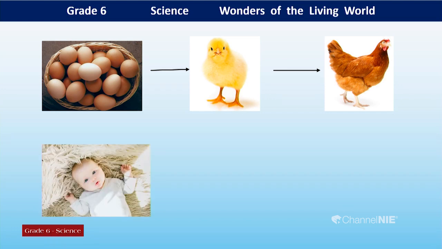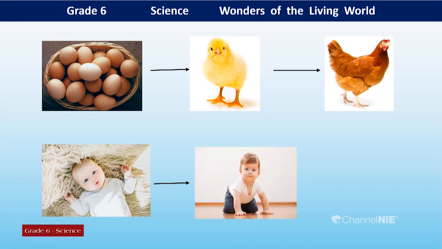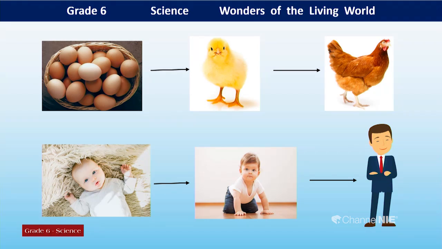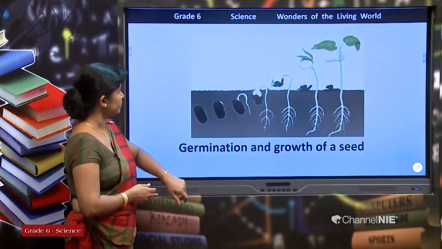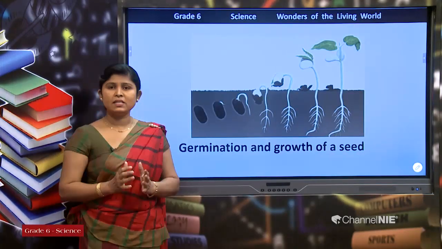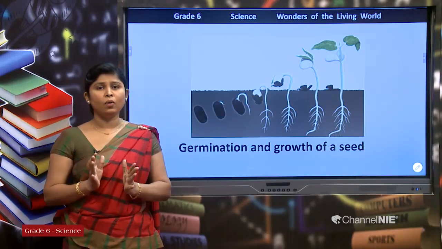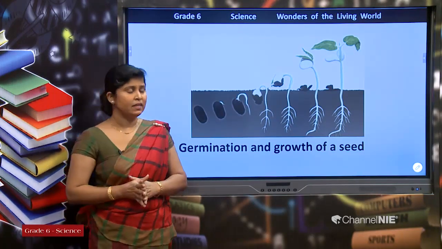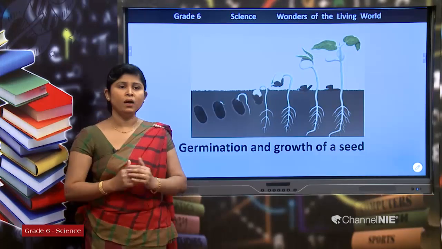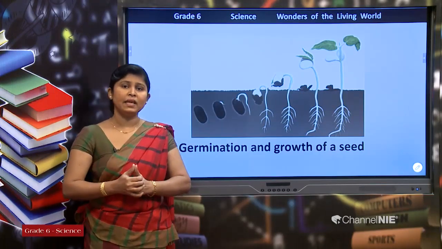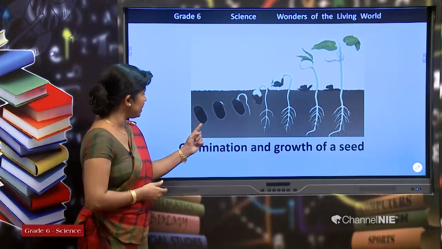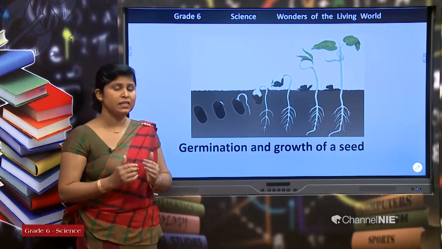A small baby, then he has become a child and a matured man, right? By looking at the pictures, you can easily understand what the growth is. Right, growth is a common feature for all the plants and animals. Then I have shown you how the growth is taking place in the plants. You can see there is a seed. The seed is in the soil.